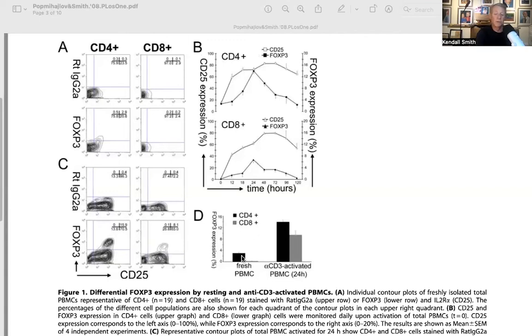FOXP3 expression goes up 5-fold in the CD4 compartment, and 50-fold in the CD8 compartment.